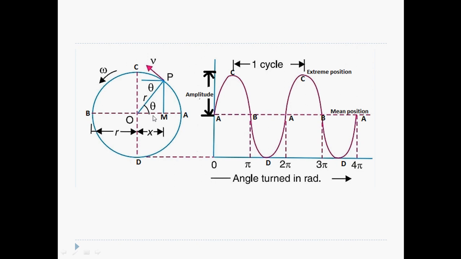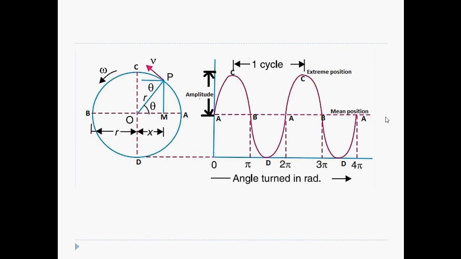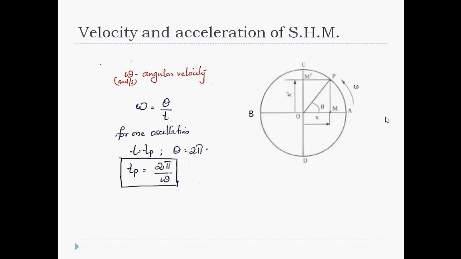So the oscillation is the motion of the projection of the particle along the diameter, and half oscillation is known as beat. For the derivation of velocity and acceleration of simple harmonic motion, consider the same setup: a particle moving around a circle of radius r, and let P be the position of the particle at any time t.